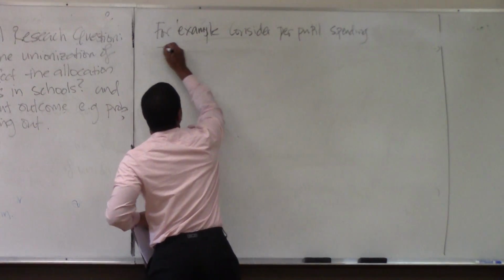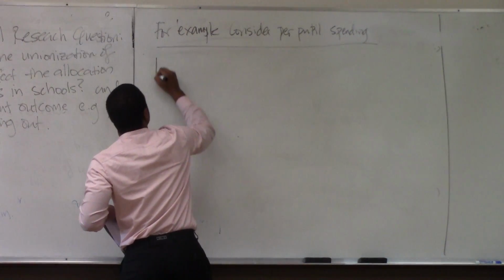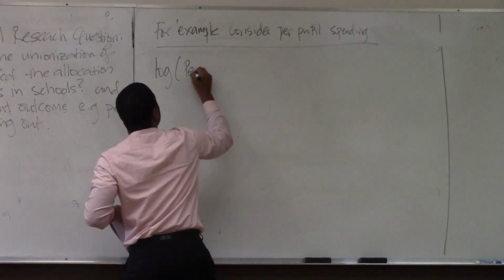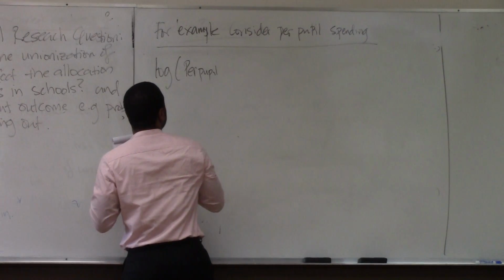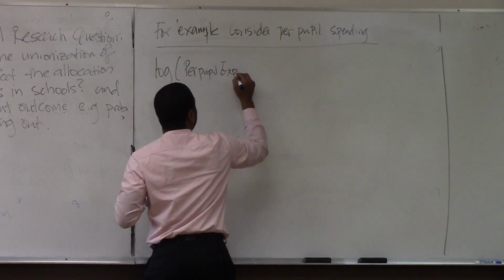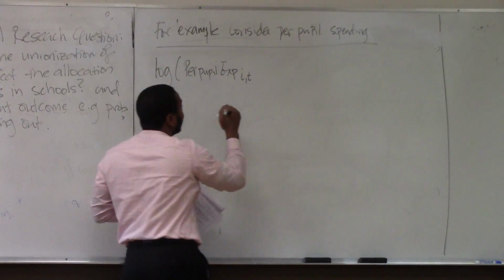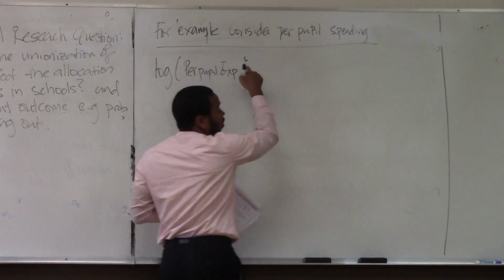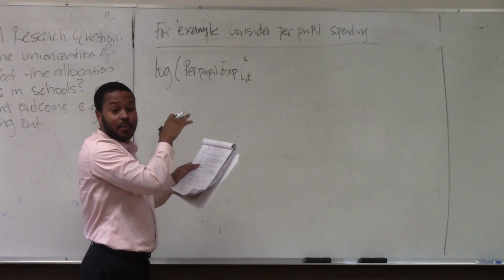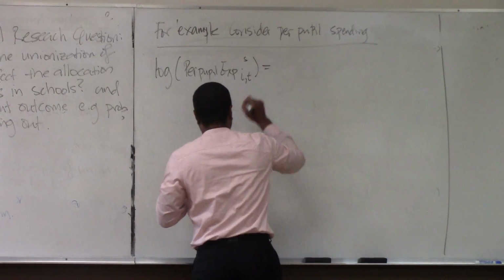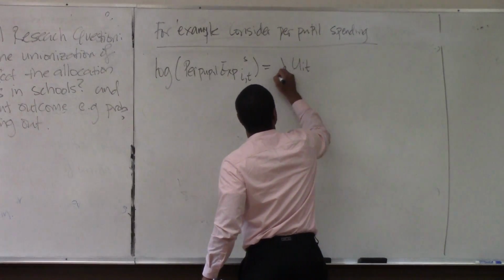And so what she's going to do is take the log of per pupil expenditure of school I in time period T. We have a panel of data, and I'm going to add another subscript, which is state S. She doesn't have this in the paper, but I'm adding this for the exposition. That's going to depend on whether the school is unionized, and then we have a lambda.